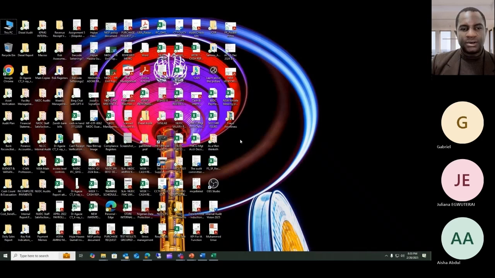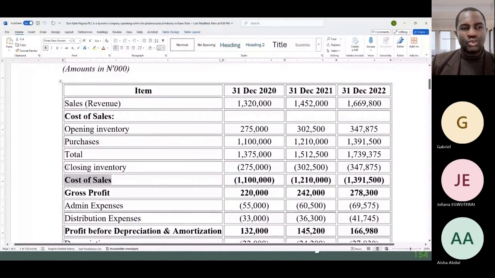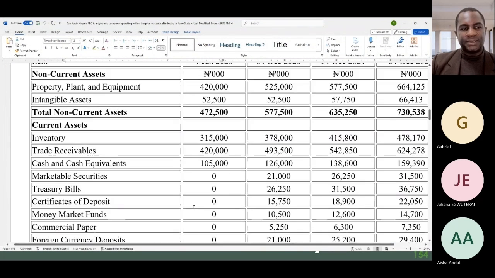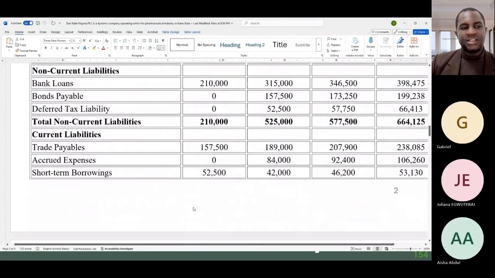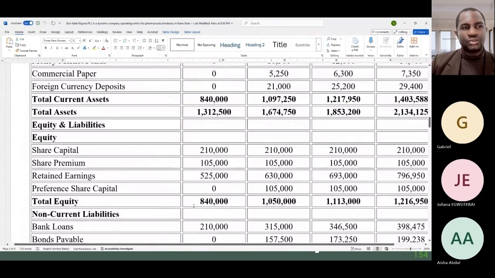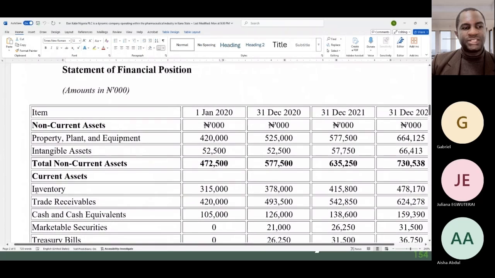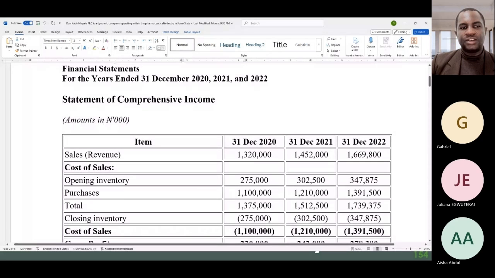So if you look at Dan Kabir, most of it will always look at closing inventory at the end of the year, which we calculate to have our inventory figure in our SFP. There's a direct relationship, even if there are variations, but the inventory always has some inverse movement between the beginning and the end. You'll see that the amounts are always close to the closing inventory in the SCI. So take note of that.